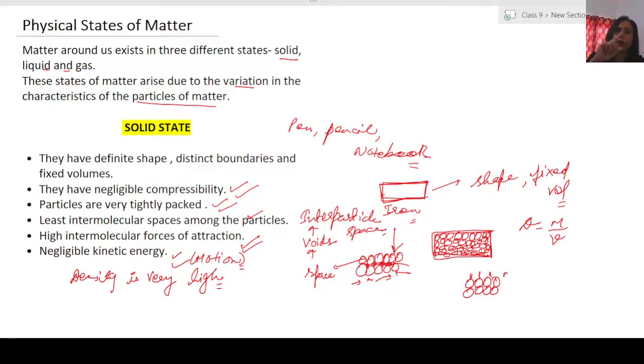They keep vibrating because they cannot go out. Why? Because they have strong forces of attraction between them, and the intermolecular spaces are very, very small. So they only vibrate at their position. So of course there is motion, there is kinetic energy, but the level is very, very low in the case of solids. Now let us move towards the liquid state.